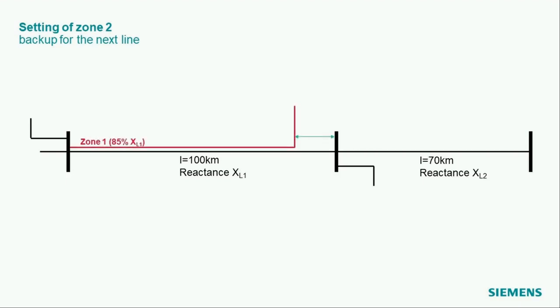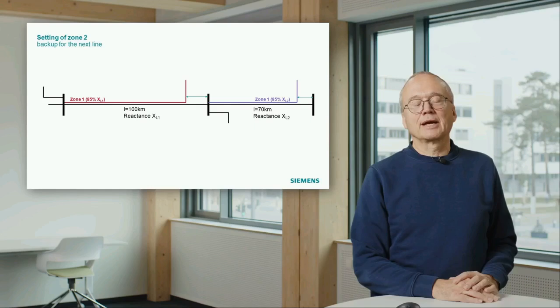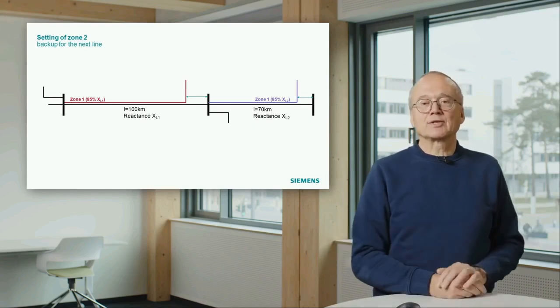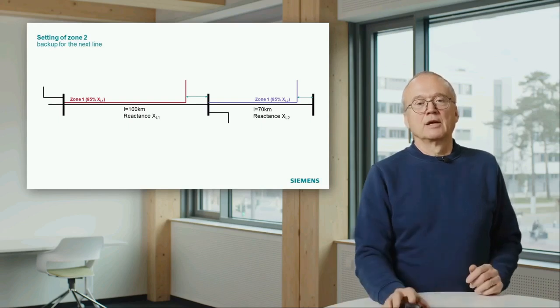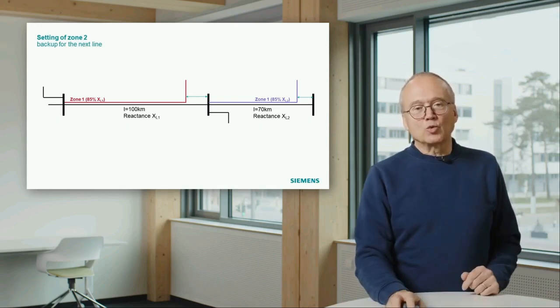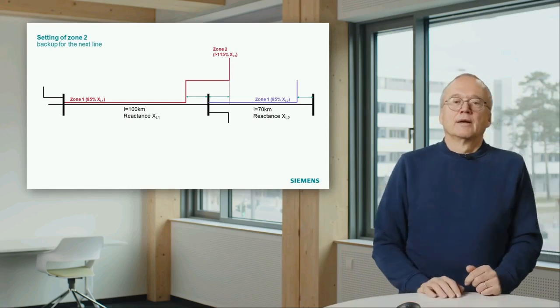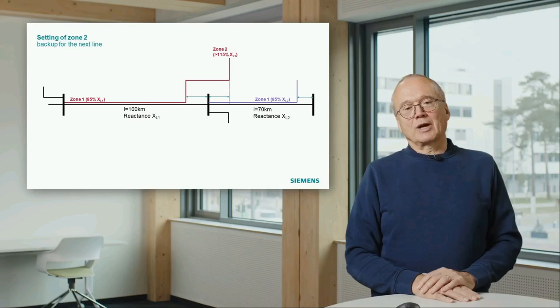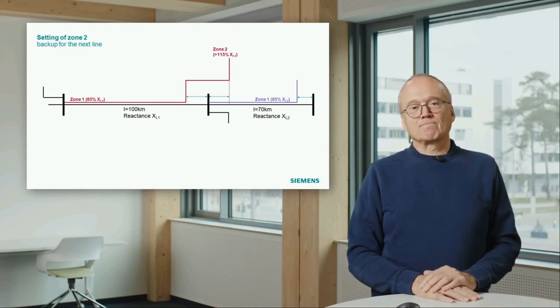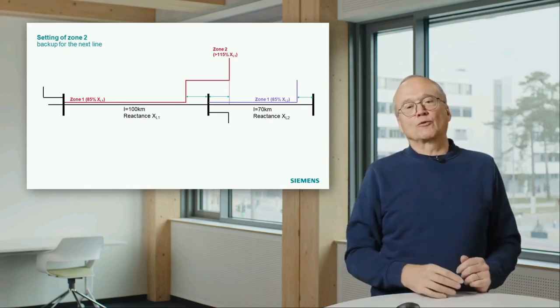So on the 100 kilometer line, that is the first zone, 85%. And the same is also there on the right line, on the 70 kilometer line. Also there we make a setting of 85%. So now we look at zone 2. If we remember the setting I just described on the previous slide, it looks a little bit into the following line.